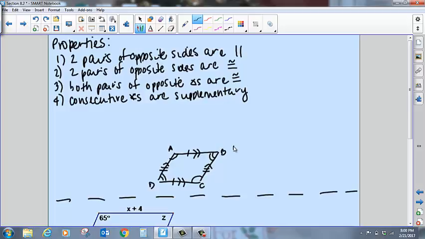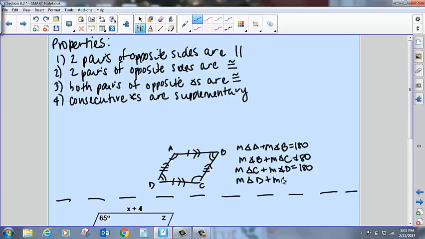That means that the measure of angle A plus the measure of angle B is going to equal 180. The measure of angle B plus the measure of angle C is going to equal 180. The measure of angle C plus the measure of angle D also equals 180. And then finally, the measure of angle D plus the measure of angle A is also going to equal 180.